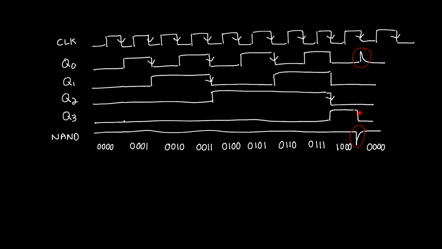So first of all, one thing I can notice is this is definitely not a 50% duty cycle signal. And in general, we can say that non-natural mod counters will not necessarily have 50% duty cycle outputs. And the other thing we can say about it is actually the frequency is not half of Q2. It's something slightly different. And we're going to generalize this point.